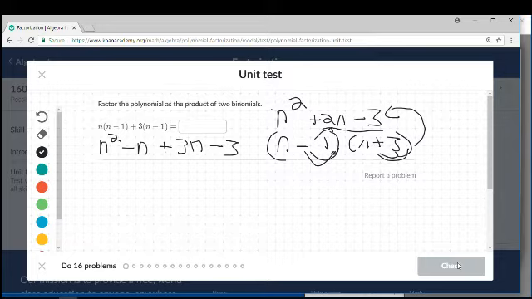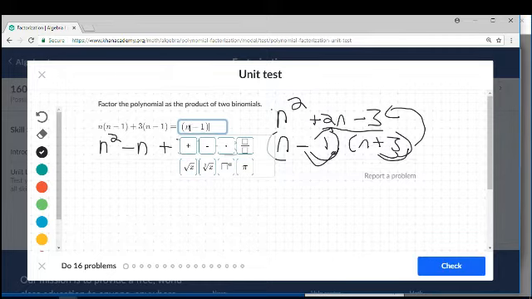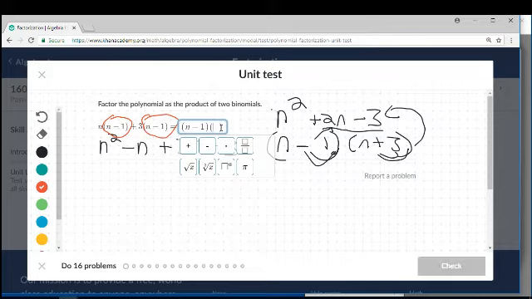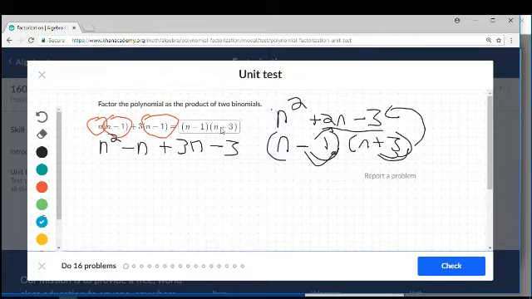Or you can just say that what the answer is going to be is n minus 1 times n plus 3.